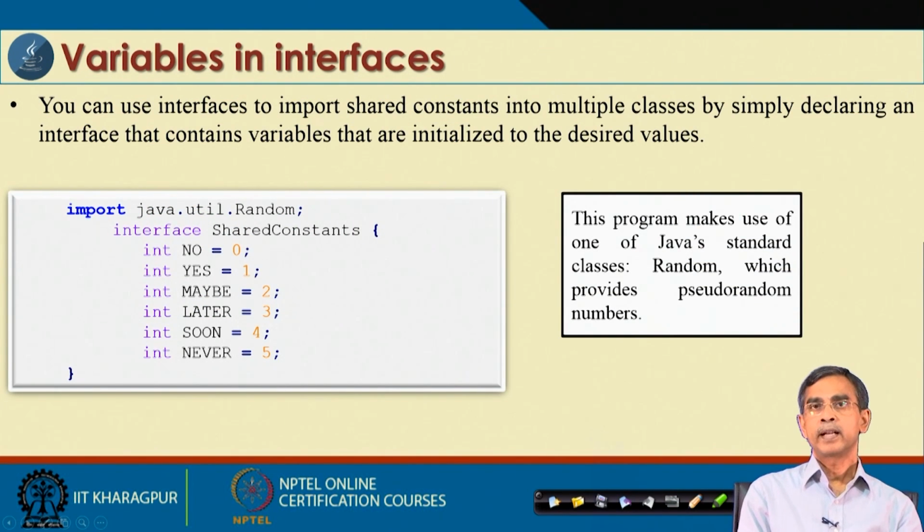Now, let us have a very simple example about the utilization of an interface: why we go for an interface, and what the usage of the interface is. It has two important applications. One is that whenever you use an interface, if it includes some members declared as public, static, and final, they can be used like global variables, and these variables can be shared.